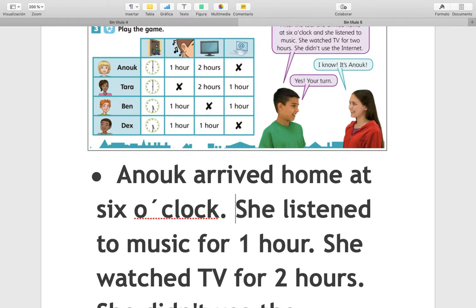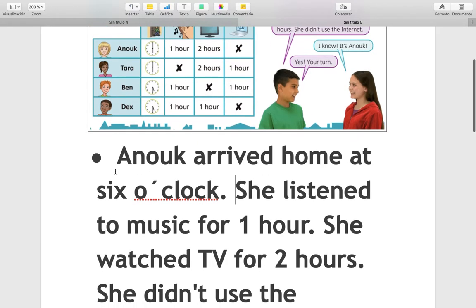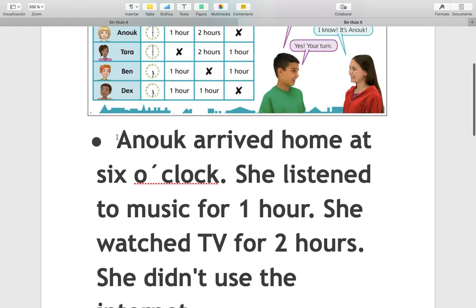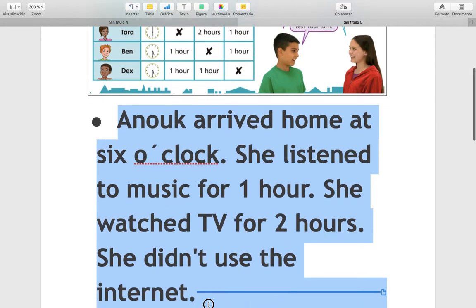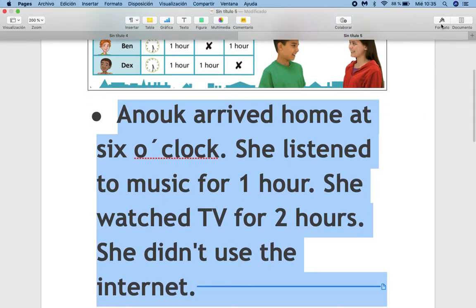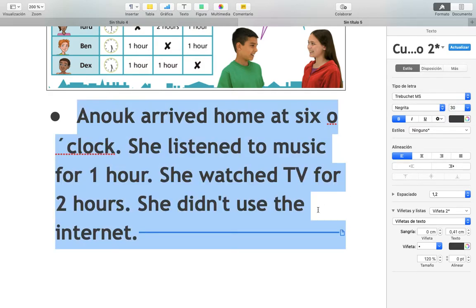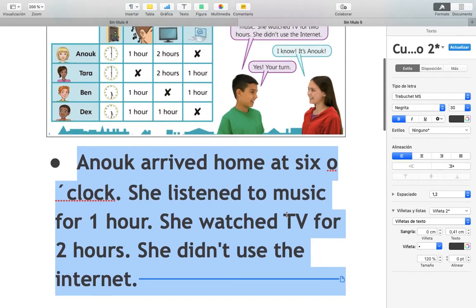And we have the complete activity. I'm sorry. We're going to put it a bit smaller. For example, 30. Good, that's better.